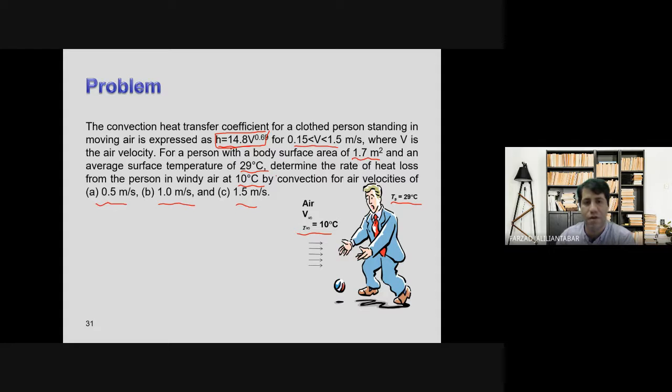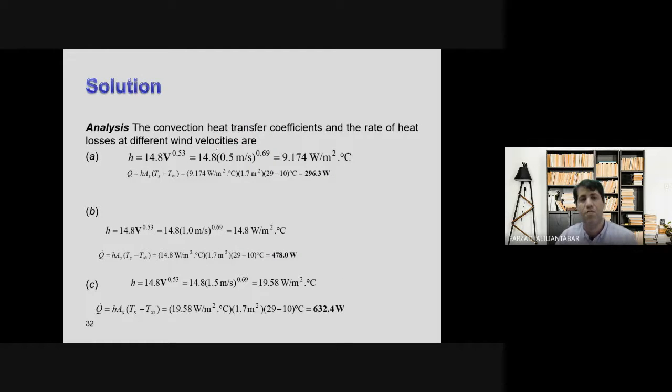First of all, as you can see here, these three are in this range. Then we can use this equation to calculate h. You know, the convection heat transfer we have here, then simply we can use this equation. Q dot is equal to h As (Ts minus T infinity).